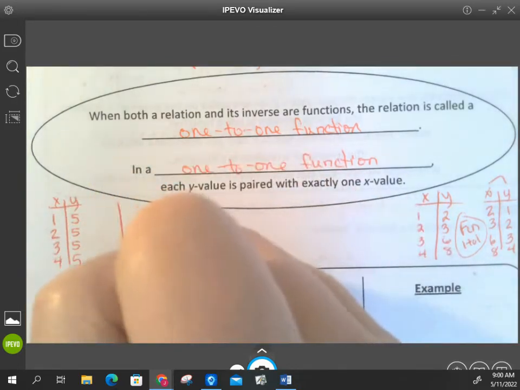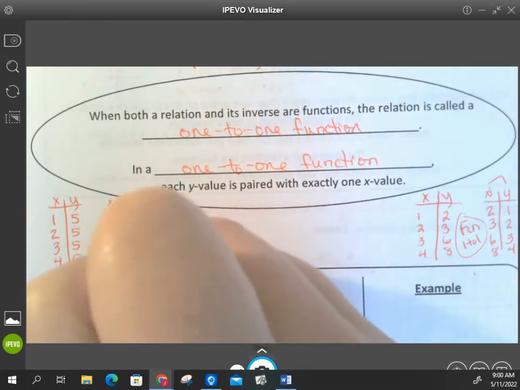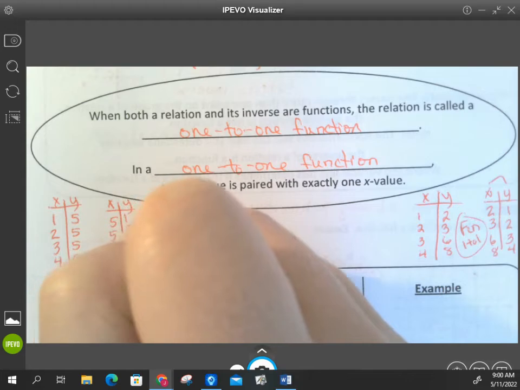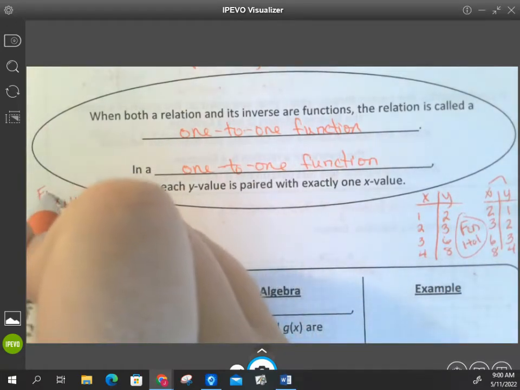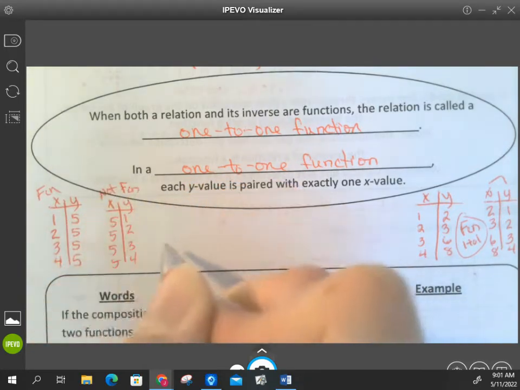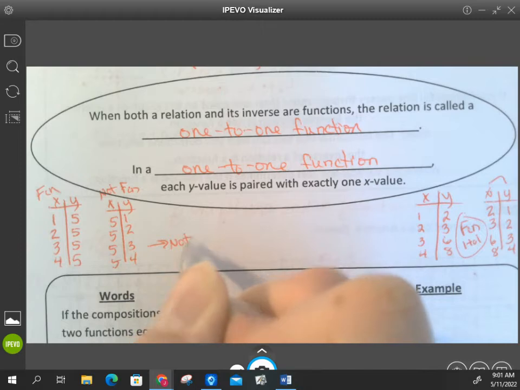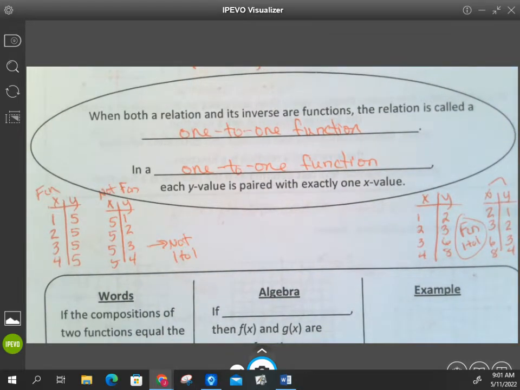But if I flip the x and y, what happens? Well, this x value of 5 has more than one y. So this is a function. This is not a function. And overall, it is not a one-to-one function. That's all it's saying. It's a one-to-one function if both the original and its inverse are functions.